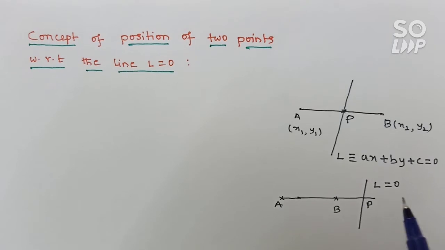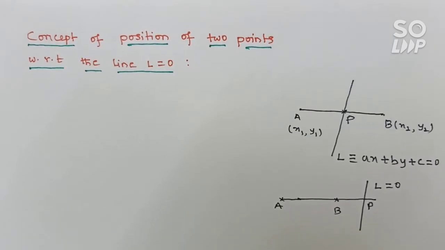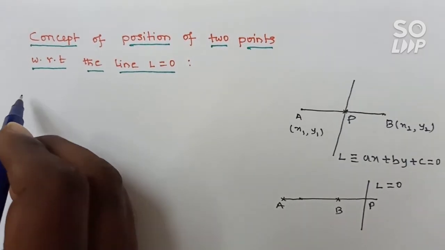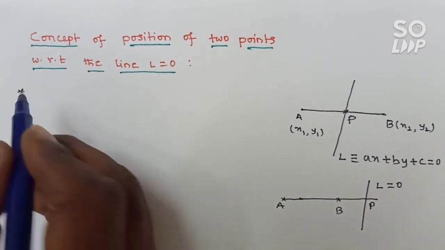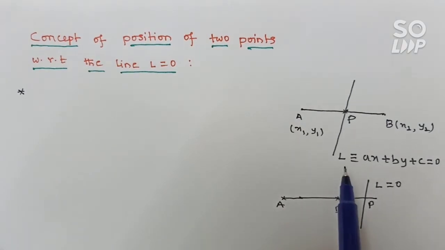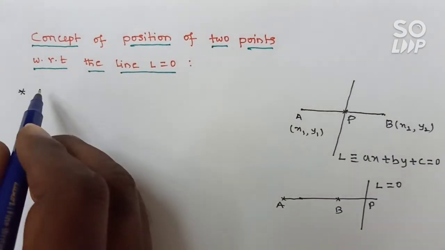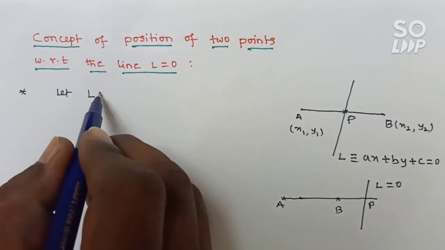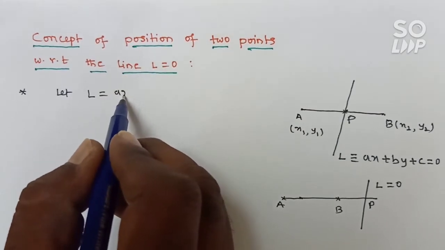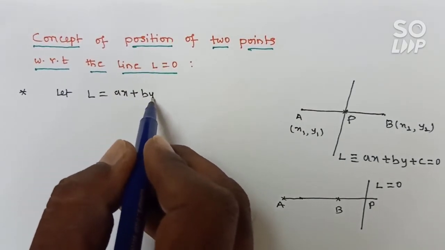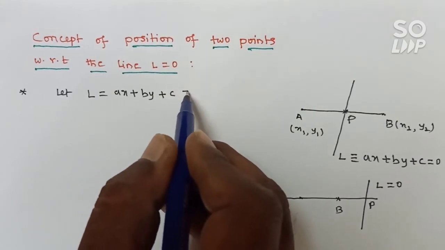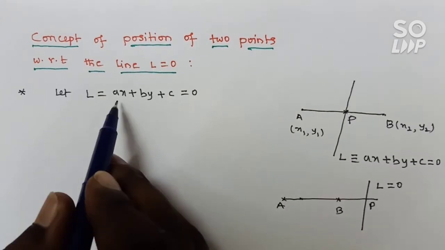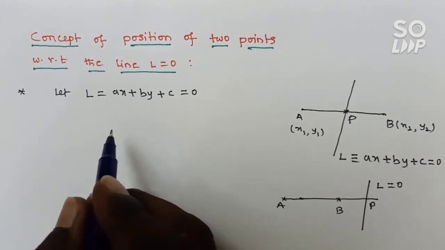So first of all we will see in which ratio this will be divided. See this one. Now the line, let L equals ax plus by plus c equals 0.